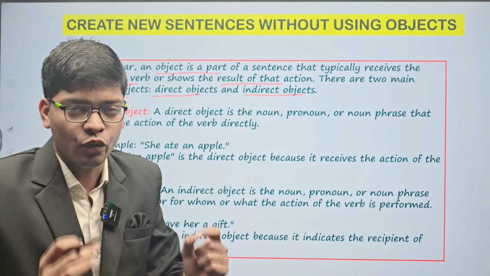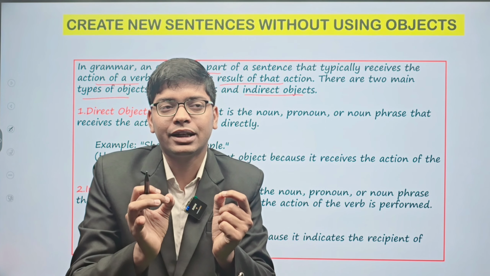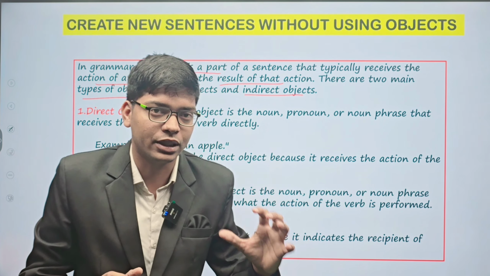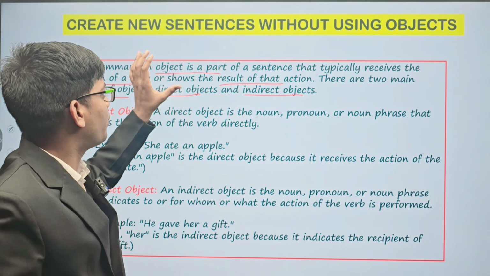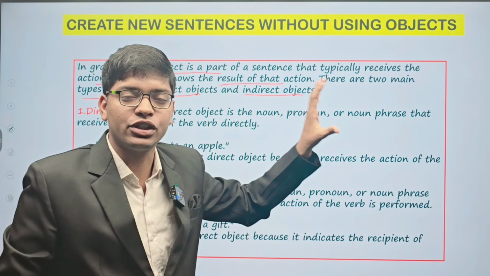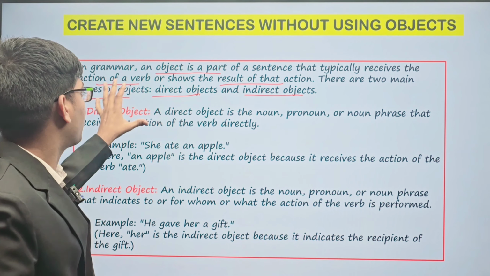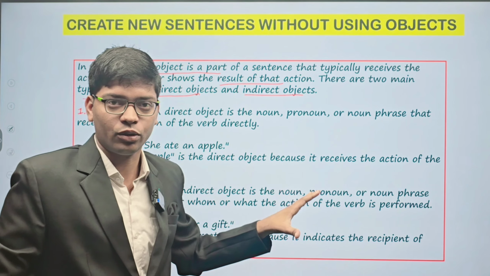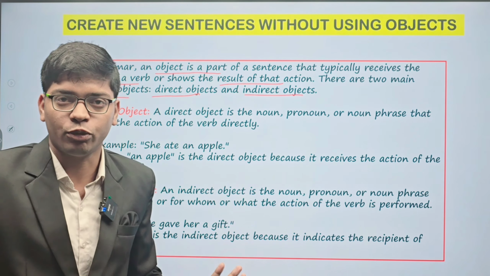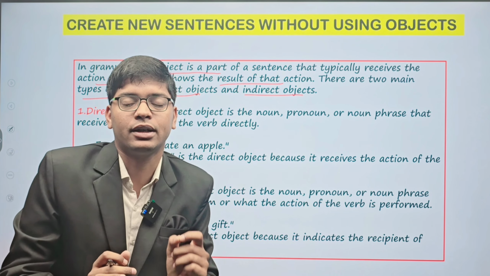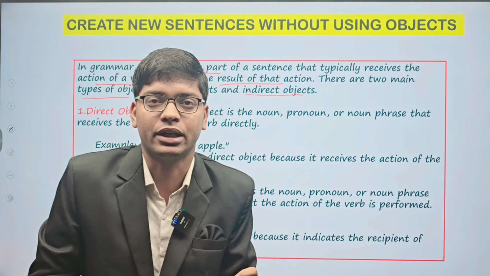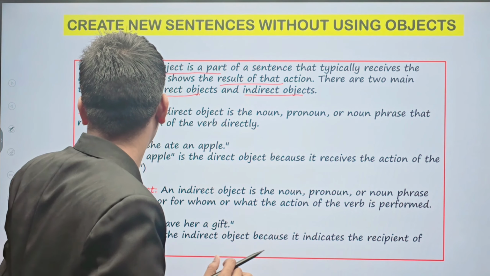Okay guys, what is an object? In English grammar, an object is a part of a sentence that typically receives the action of a verb or is the result of that action. There are two types of object: first is direct object and second is indirect object. So let's see direct object.